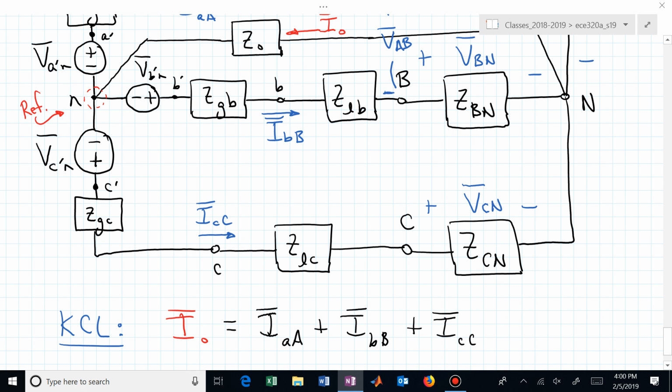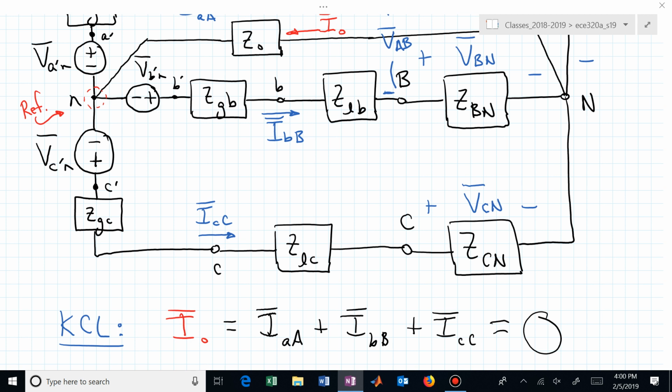Do you see the triangle now? That's what you should see here on the right-hand side. And if it's a closed triangle, what's really happening? Isn't that equal to 0? That balanced set of currents sums to 0.